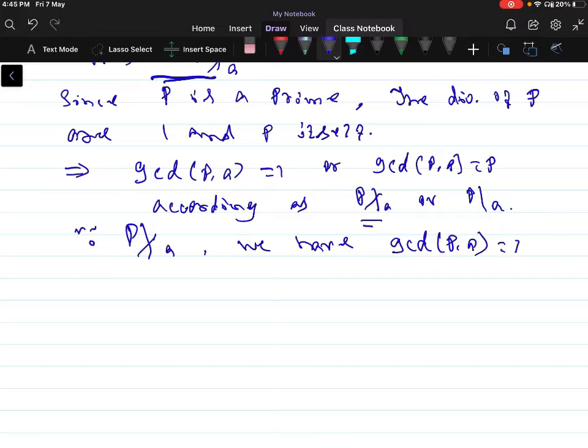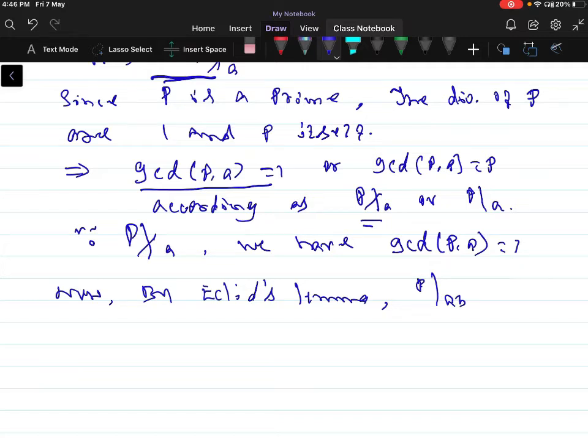Now by Euclid's lemma, p divides ab with GCD of p comma a equal to 1. This implies p divides b.